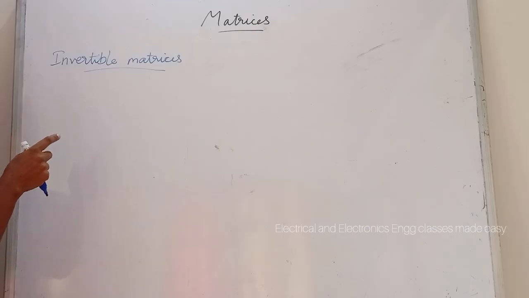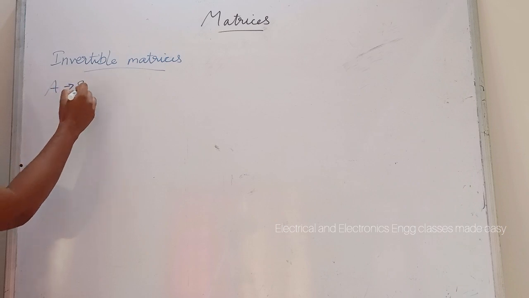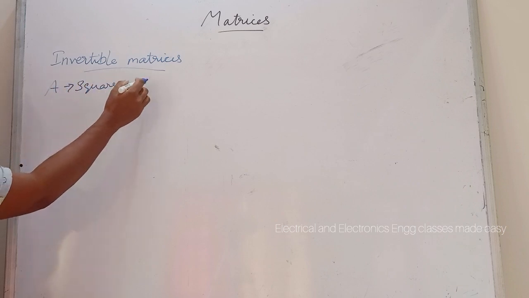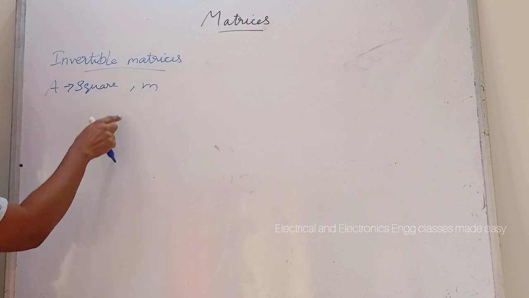Next is invertible matrices. Let A is a square matrix of order m.